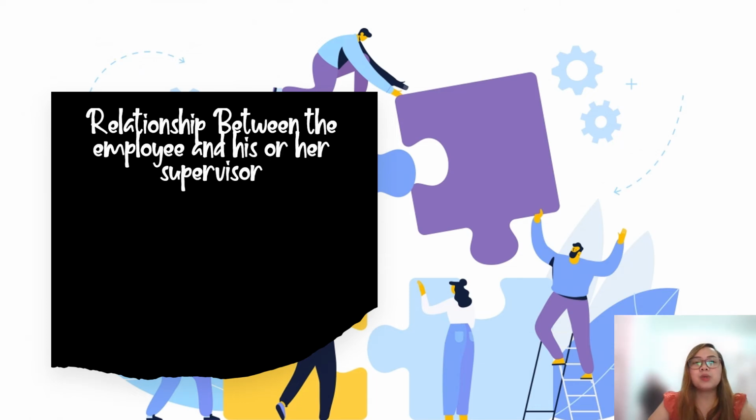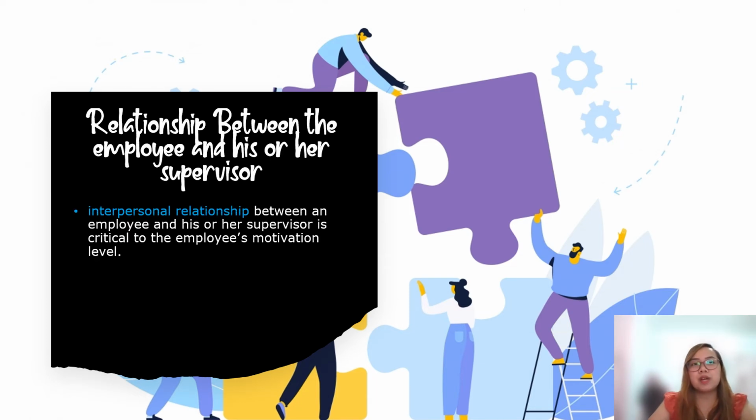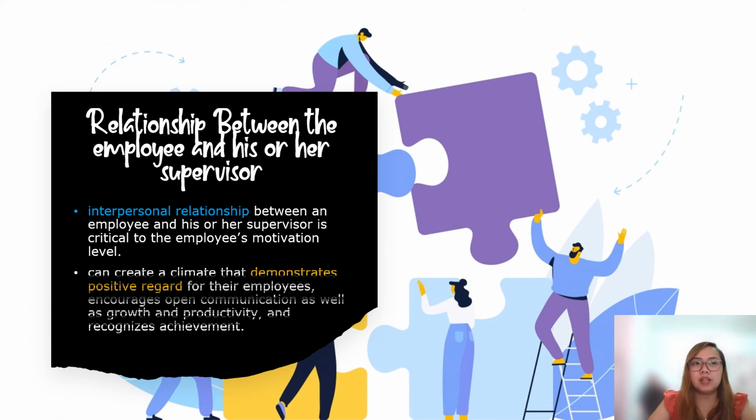Next is the relationship between the employee and his or her supervisor. It is very important that the relationship of the manager or the supervisor and the employee are on good terms. Interpersonal relationship between an employee and his or her supervisor is critical to the employee's motivation level. It can create a climate that demonstrates positive regard for their employees, encourages open communication, as well as recognizes achievement.